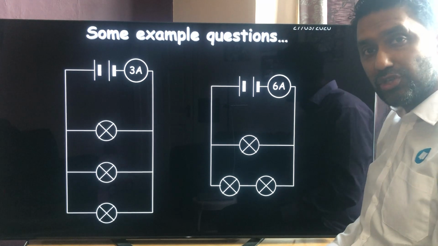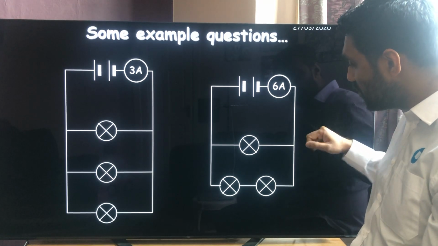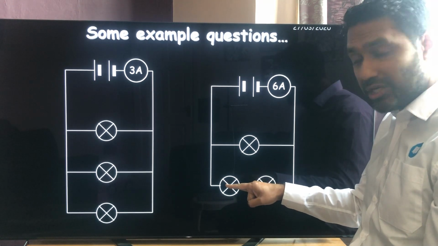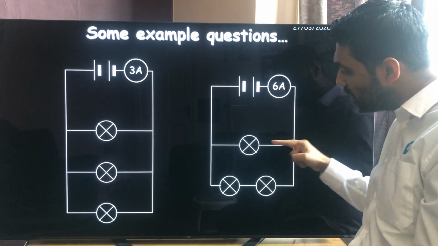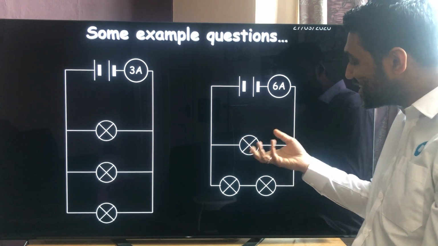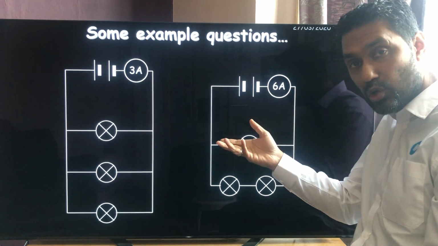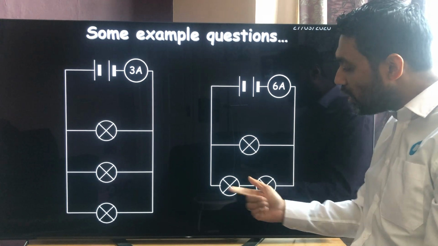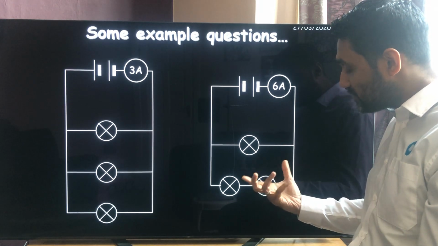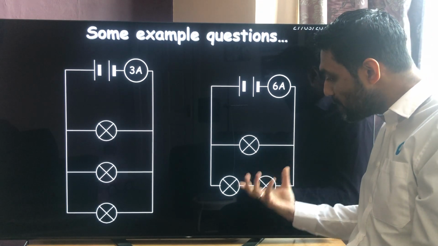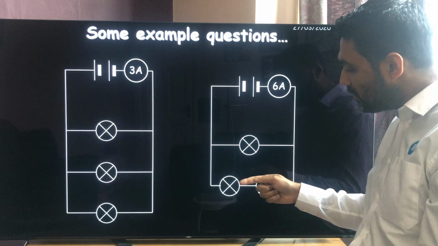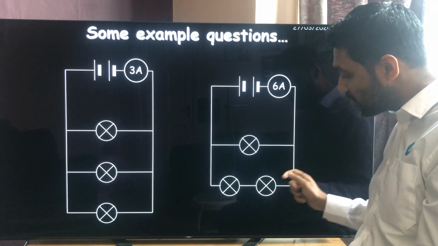Well, which ones will get which? Well, the 2 amps will go through this branch and the 4 amps will go through this branch. Why? Well, this has got less resistance, so you'll have more of the current, so 4 amps is more. And this one has got more of the resistance, so this one will get my lower current, so this one will get 2 amps.